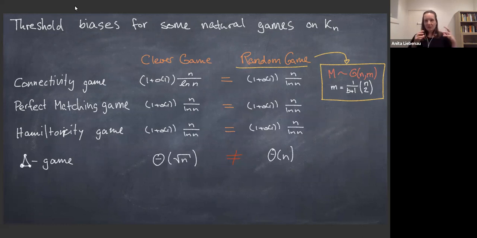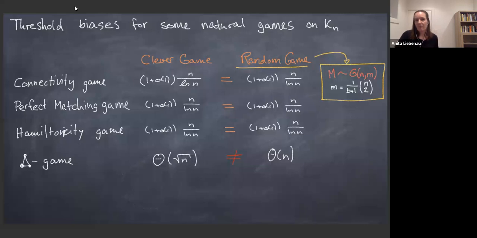So let's consider a corresponding random game. You replace maker by a random maker and breaker by a random breaker. Both of these players just pick their edges uniformly at random from whatever is not claimed yet.